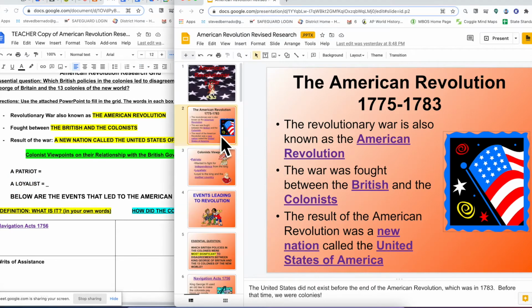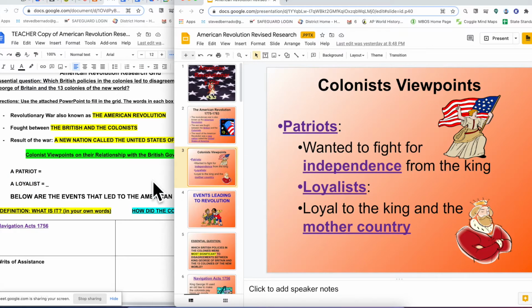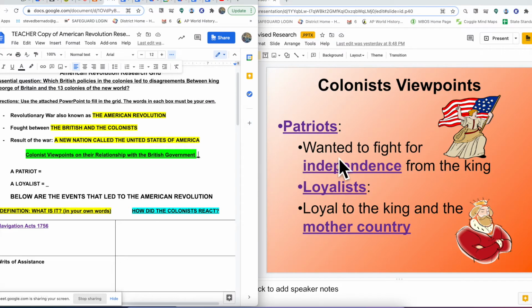Let's go to the next slide. What is a patriot? A patriot wanted to fight for independence from the king. All right, over to the left-hand side, type what a patriot was.